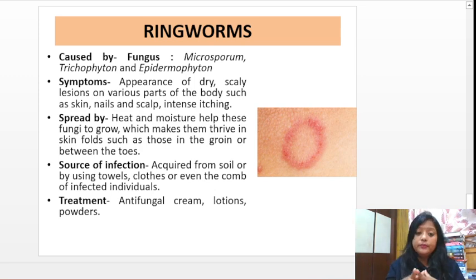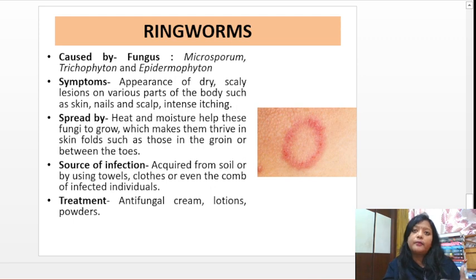So how does it spread? It spreads when there is moisture in your body. See, fungus needs moisture to grow. So in any part of the body where there is heat and moisture, it has a chance to grow and survive. In our body, those parts are the underarms, the groin, between the toes, and the neck portion.